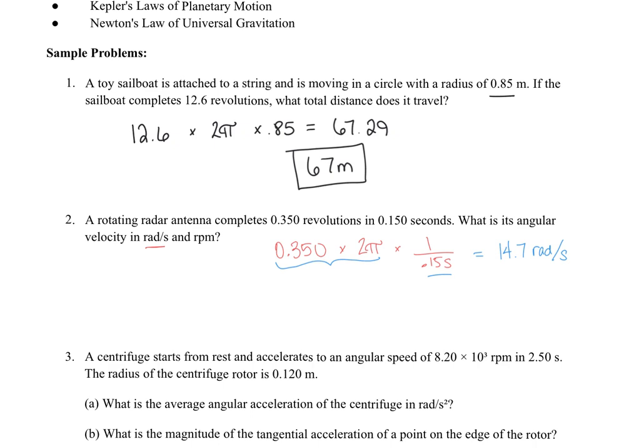They're also asking me to do this in revolutions or rotations per minute. I already have the rotations, so I don't need to convert to radians if I'm just leaving it as revolutions or rotations. I still need to divide by that time, that 15 seconds. But now they want revolutions per minute.